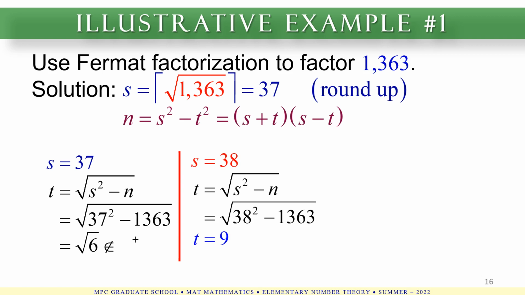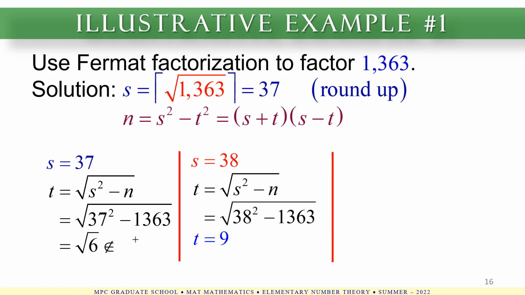So using s as 38, we will find that t will be equal to the square root of 38 multiplied by 38 minus 1363. It will give us the square root of 81. And 81 is a perfect square. Then we will get the square root of 81. We will have 9 as our t.